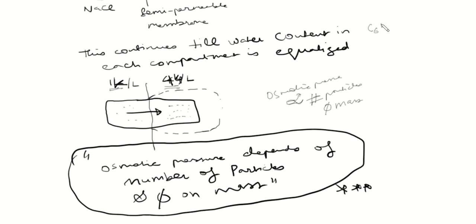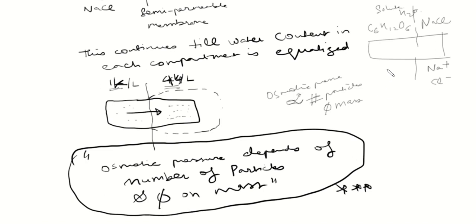So if I have two solutions, one compartment has glucose, the other one has sodium chloride. So see, I'm now changing what's dissolved or what's a solute in each of these compartments. And then I mix it in water. When I mix sodium chloride in water, how many particles do I get? I get a sodium and I get a chloride.